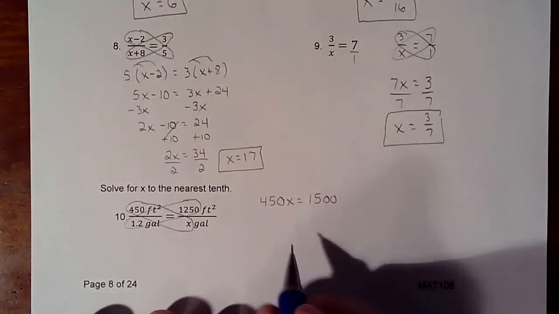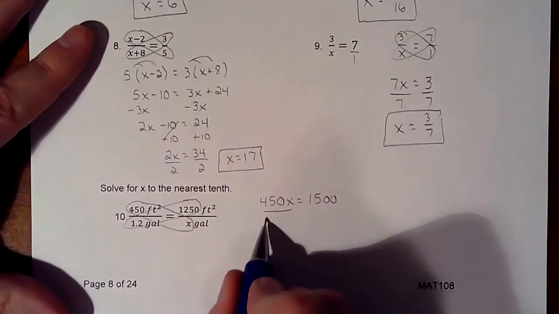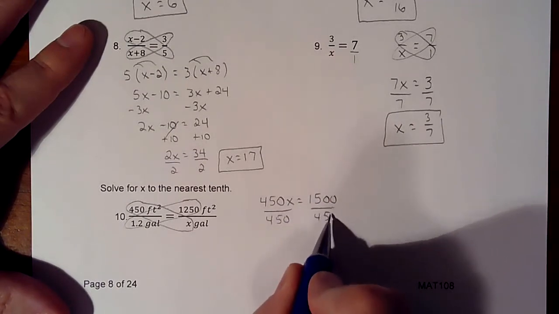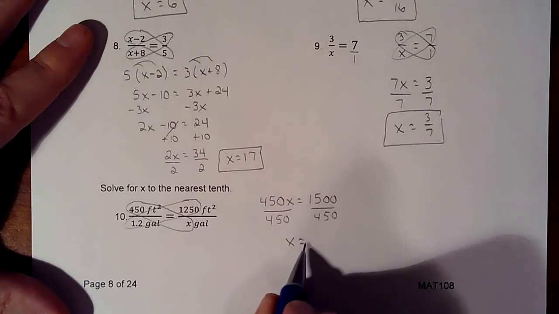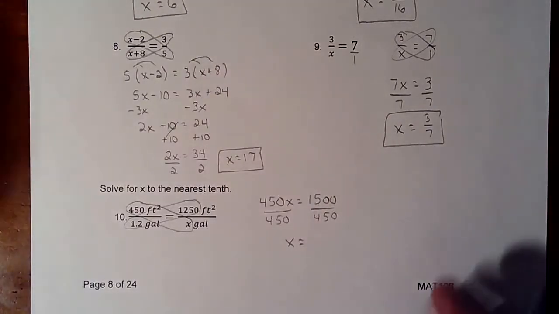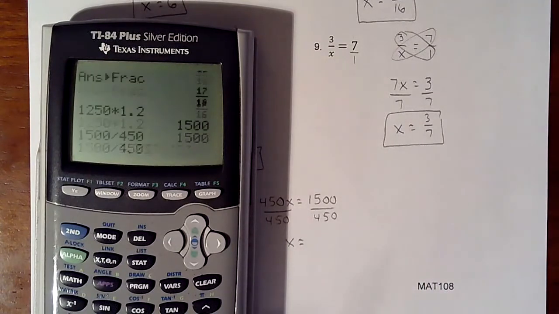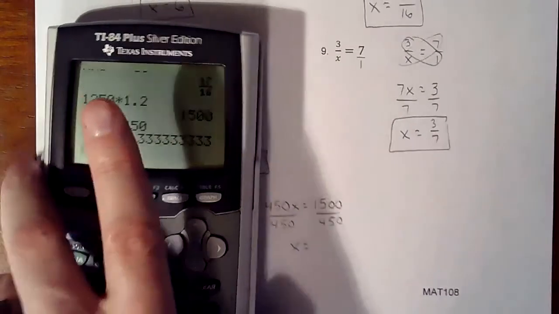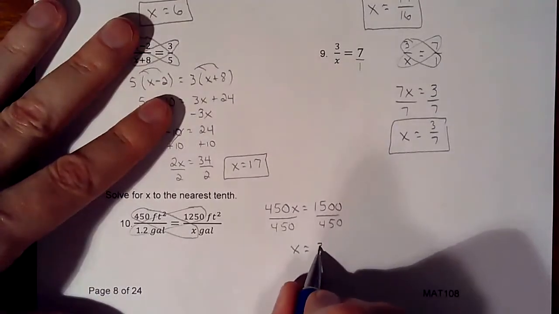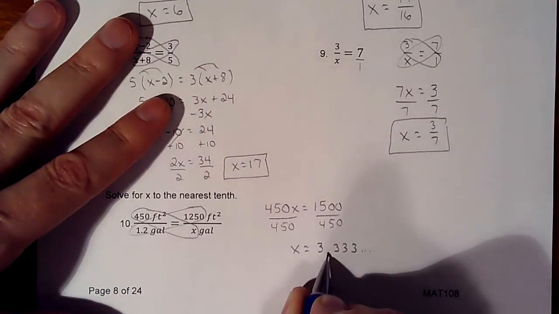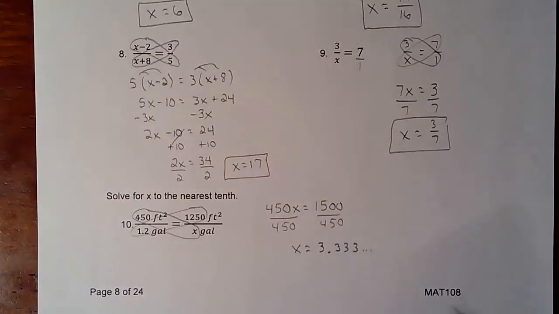All right, and then we need to divide by 450. So 1,500 divided by 450 is a lot of threes: 3.3333, on and on. This is where I would read directions and make sure we know where we're rounding this to.